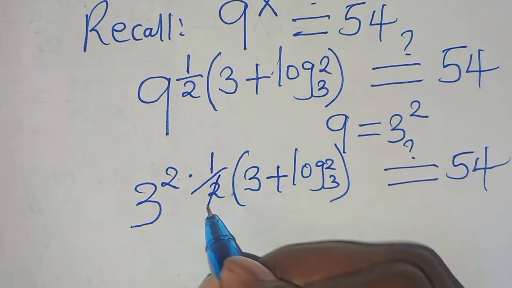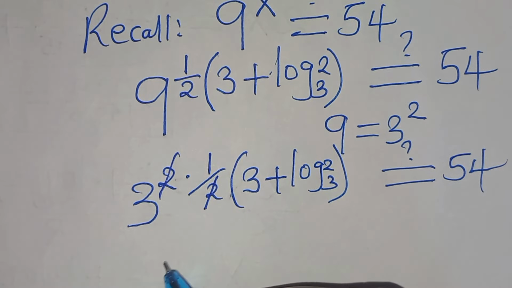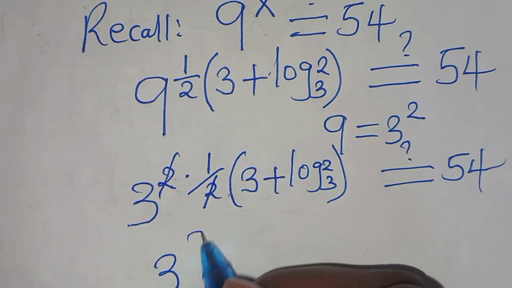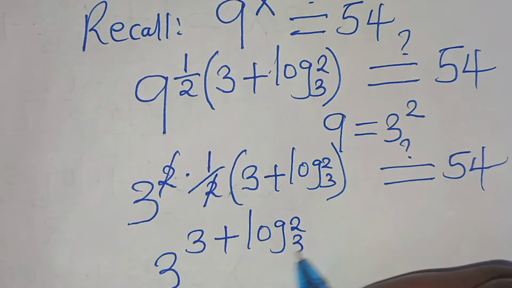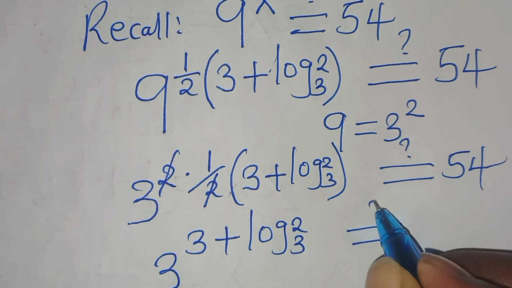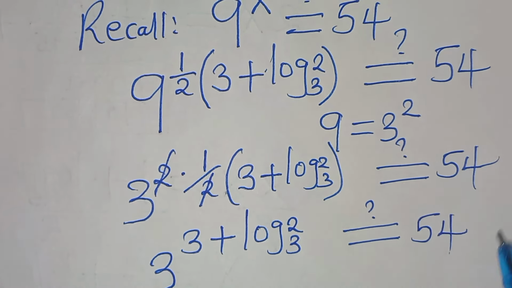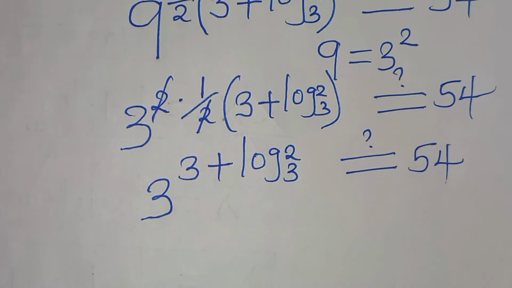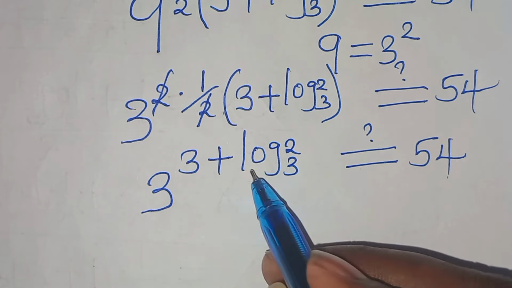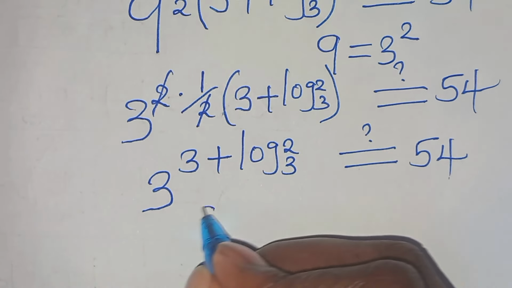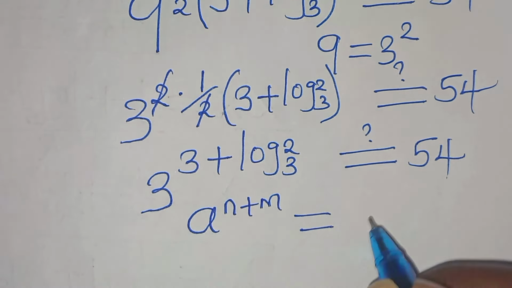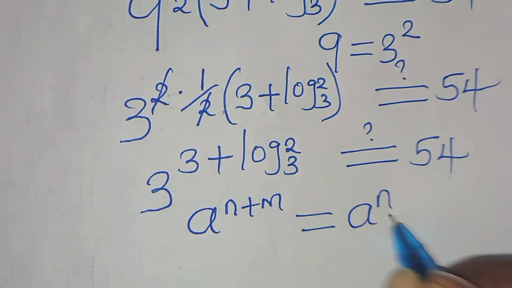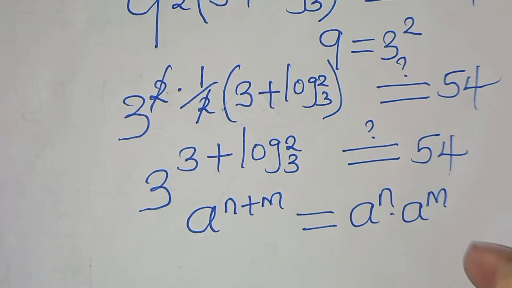So let's simplify 2 and 2 here so that now we have 3 to the power of 3 plus log 2 to base 3. This is supposed to give us a value of 54. Now 3 to the power of 3 plus log 2 to base 3 is in the form of a to the power of n plus m, which we can express as a to the power of n times a to the power of m.